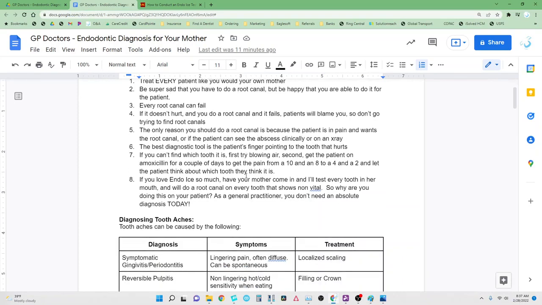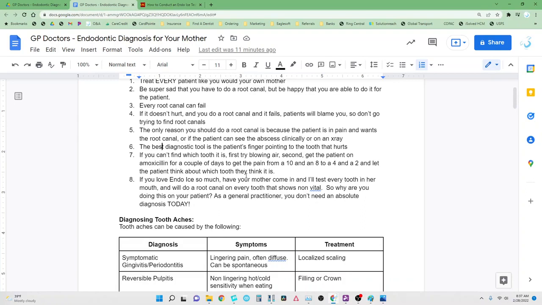Another concept is this. Doctors want to have an absolute diagnosis of what's going on, okay? And a lot of times patients will say, well, it's one of these two teeth, okay? And so doctors get out all of their gizmos just to give them the final diagnosis that day, okay? Which is absolutely wrong, okay?